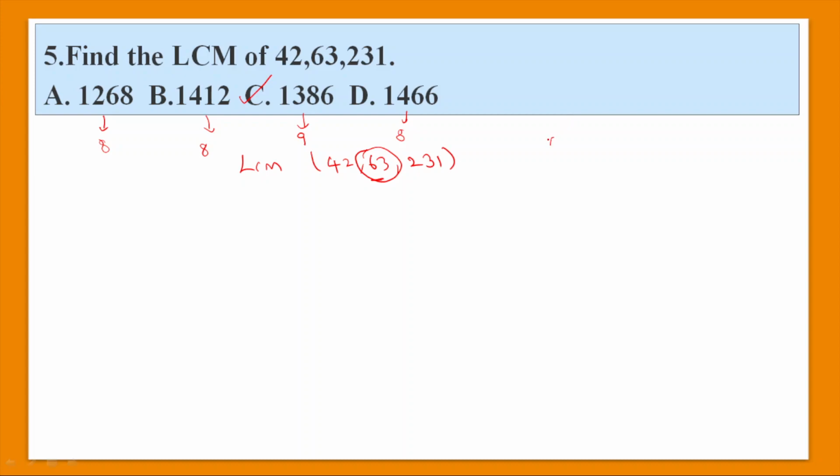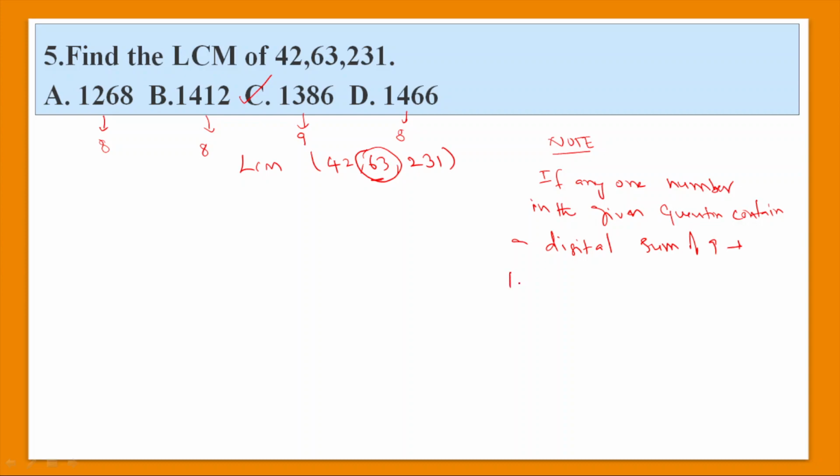What you need to remember is one basic point: if any one number in the given question has a digital sum of 9, then in the answer option also a digital sum of 9 must be present. If only one such option is present, then our answer is directly that one.